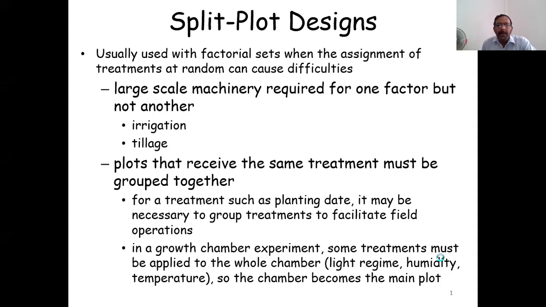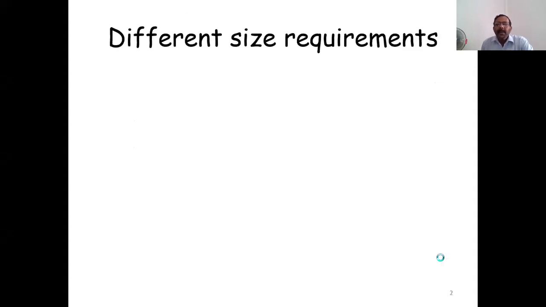So in a growth chamber experiment, some treatment must be applied to the whole chamber where the light, humidity, temperature, everything is kept similar. So split plot does not always need to be done at the field level.